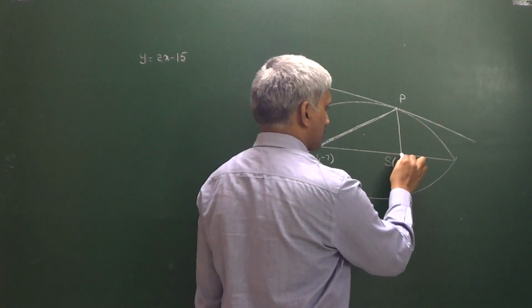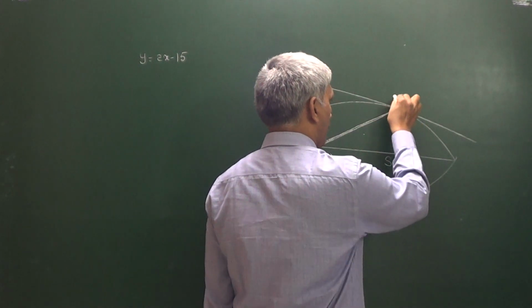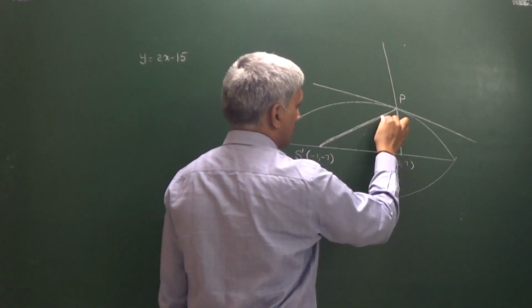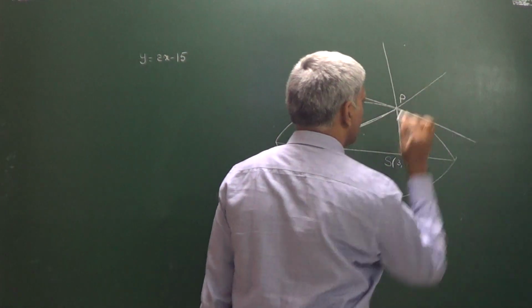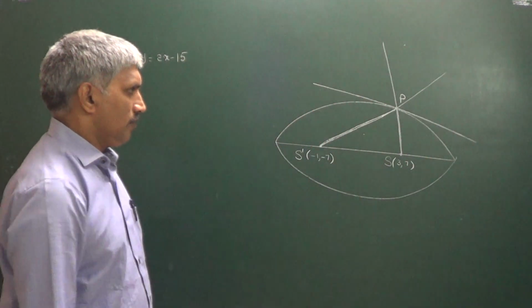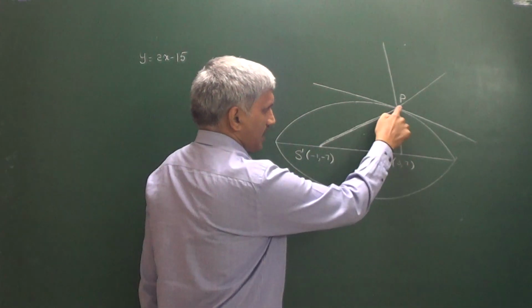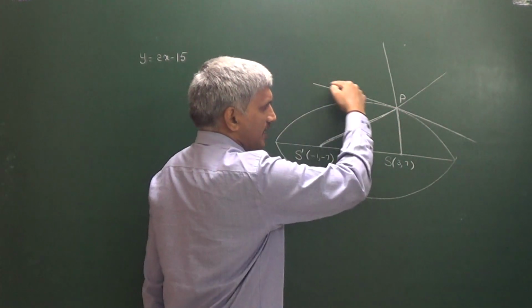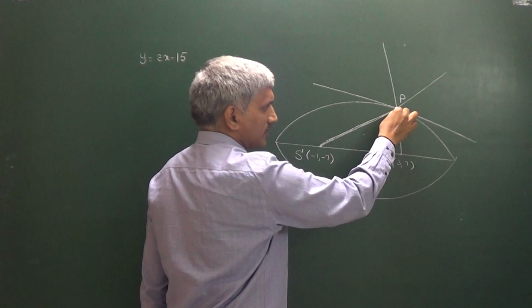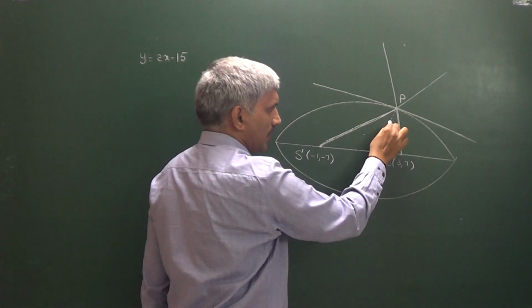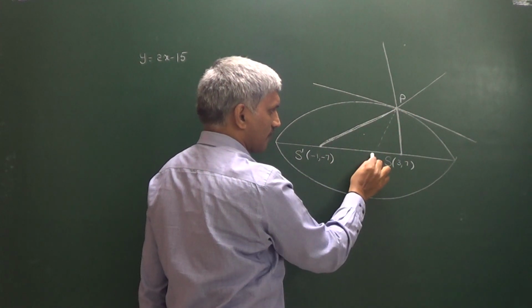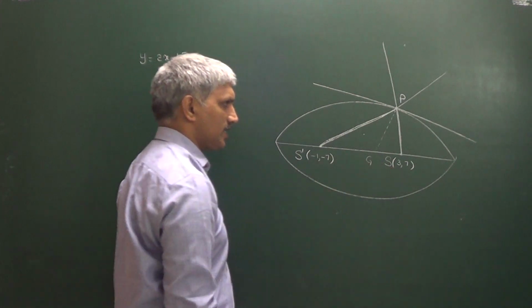So now extend SP and extend S dash P. For triangle SPS dash, the tangent is the external angle bisector, and the normal is the internal angle bisector.